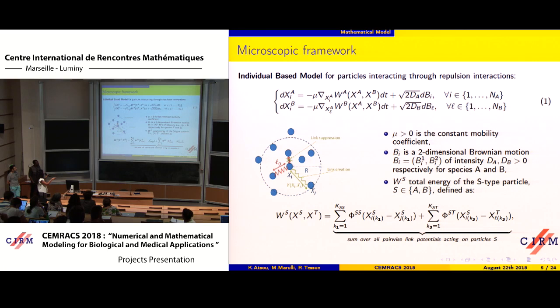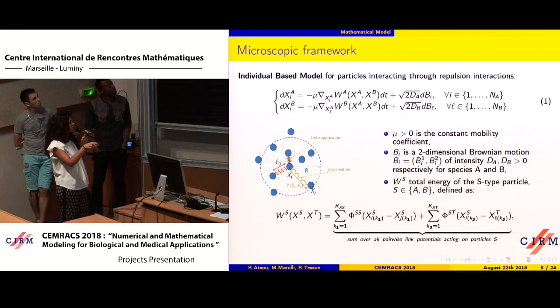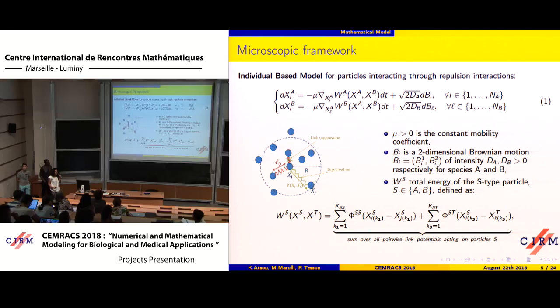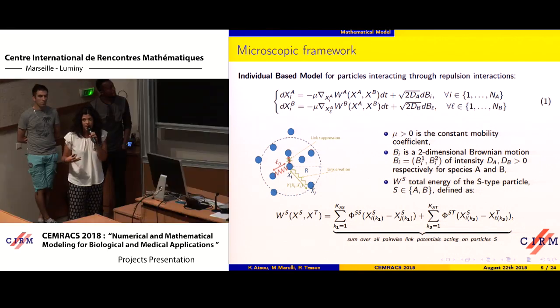Here we have a two-dimensional Brownian motion with intensity d_A and d_B that are positive constants, which means that the position of the particle changes in a random way.